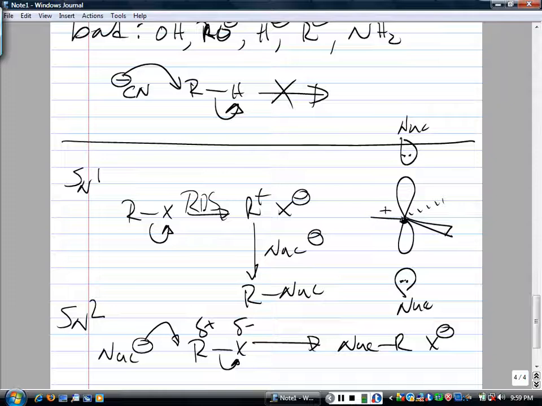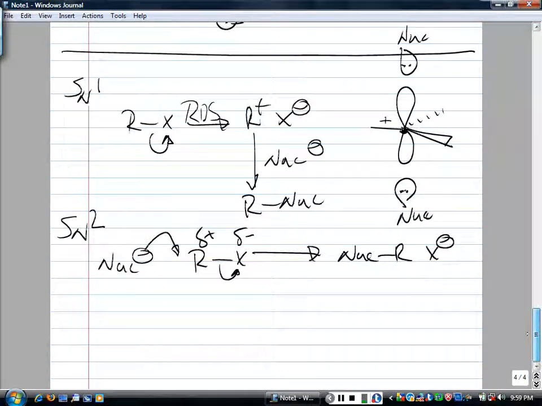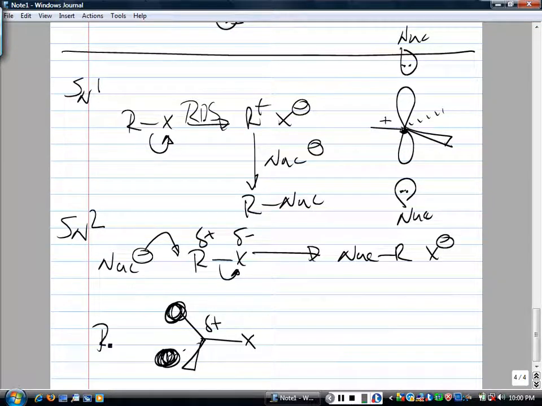On the other hand, to do an SN2 attack, well, that's not easy, because on the one hand, your carbon does not have a full-fledged positive charge, it's a delta plus, and then for heaven's sake, you may have as many as 2 R groups in your way for nucleophilic attack, right? If you substitute a secondary, for example.